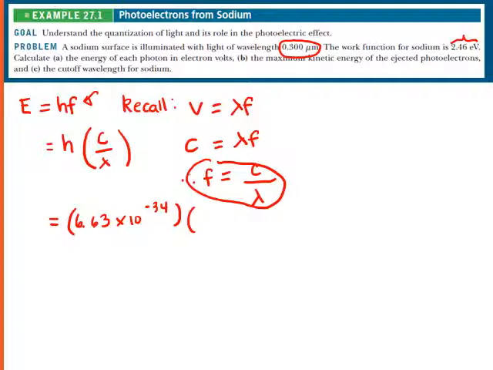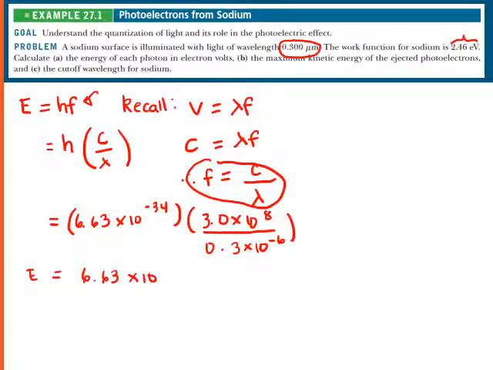We have c, the speed of light, equal to 3.0 times 10 to the power of 8 meters per second, divided by the wavelength, which is given in the problem as 0.3 times 10 to the negative 6, since it is in micrometers. This gives us the energy equal to 6.63 times 10 to the power of negative 19, and the unit is joules.